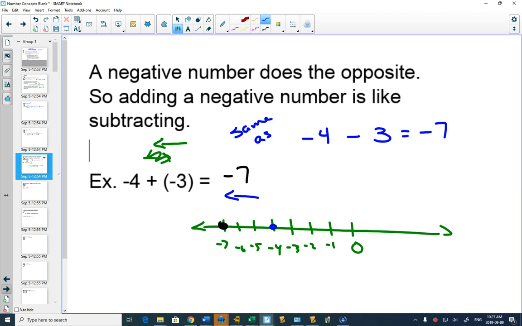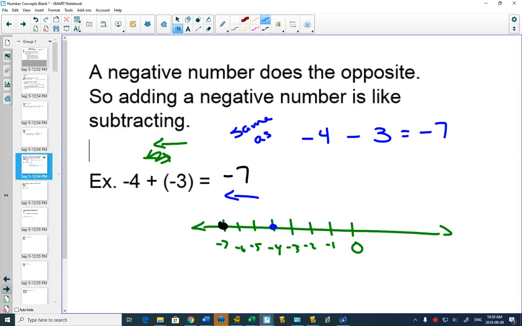Because if I had the question written this way, negative 4 minus 3, I would still start at negative 4. Minus means go backwards. I would still go back 3 and end at negative 7. When I have negative 4 plus negative 3, well, plus means go forward, go to the right. The negative does the opposite, so now I'm going back. It's the same as subtracting.